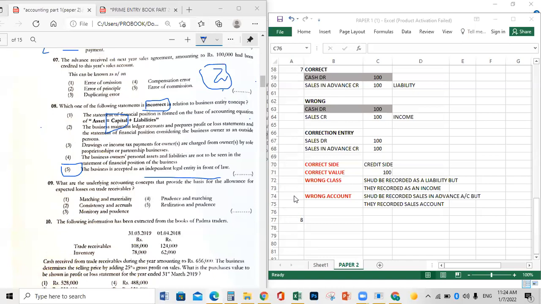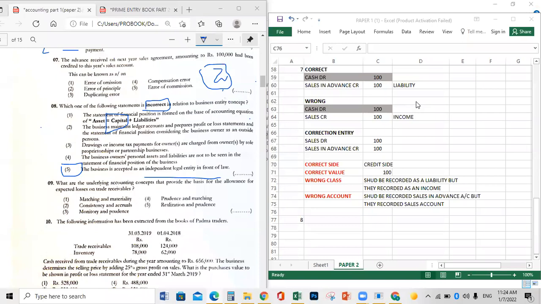Guys, listen carefully. This entity concept is for any business. It can be a sole trader, it can be a partnership, it can be a company, it can be any business, guys. For any business, this entity concept is there.